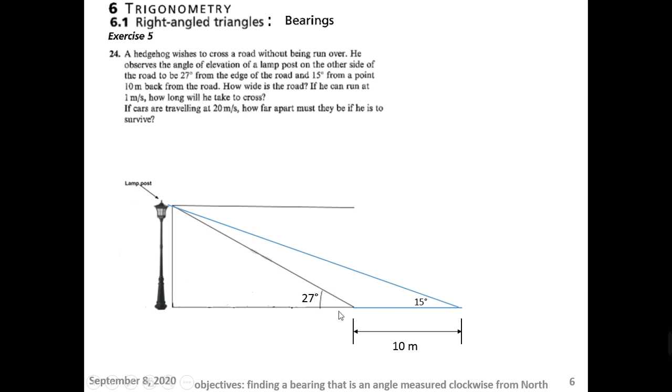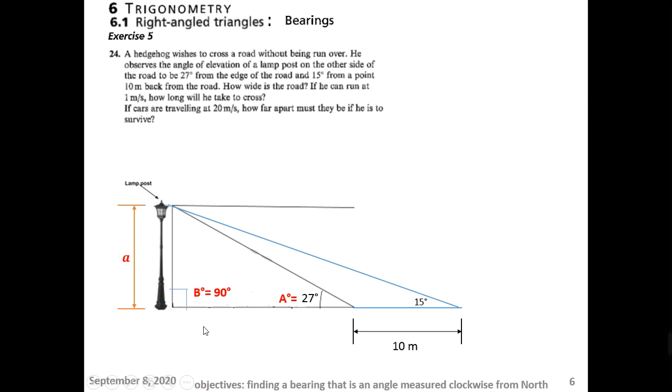Now, based on what's given, as you can see, this is one triangle, this is a second triangle, and the big triangle. So I have three triangles basically. Okay, let's start. If I name this given angle as A capital, then the opposite side to A capital, which is the length of the lamp, is A small. This angle here is definitely 90 degrees because the lamp is always vertical on the ground floor.